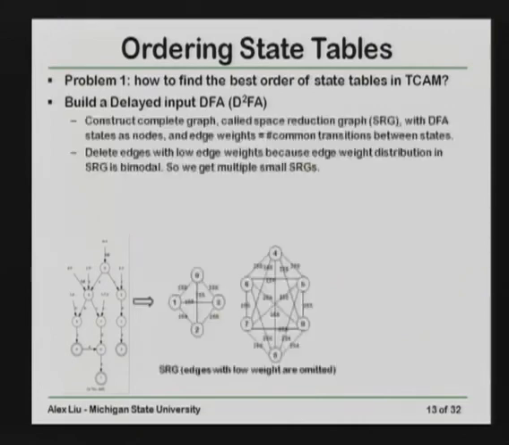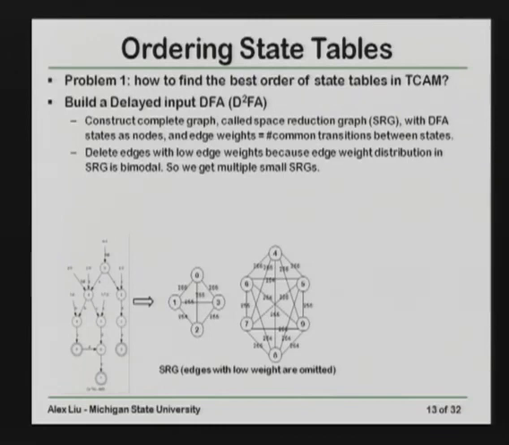Basically, we construct a complete graph called the space reduction graph, with the DFA states as nodes, and the edge width is equal to the common transitions between these states.